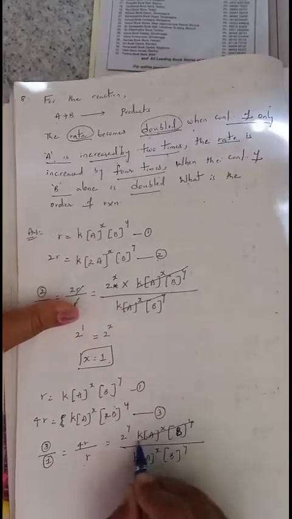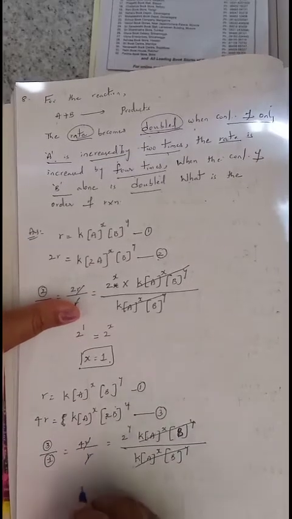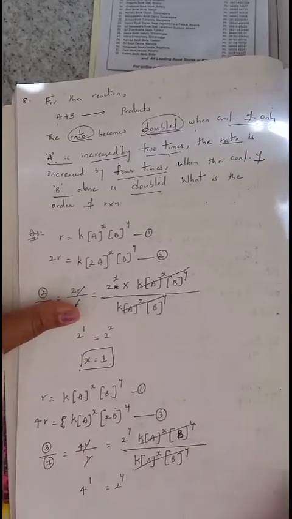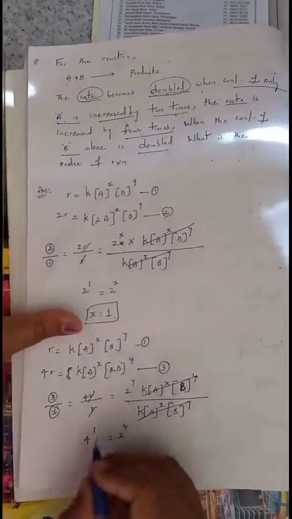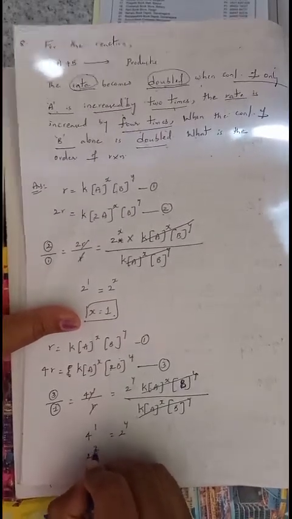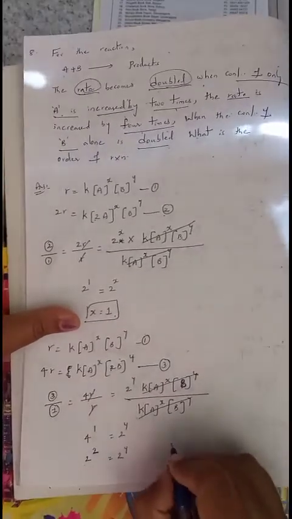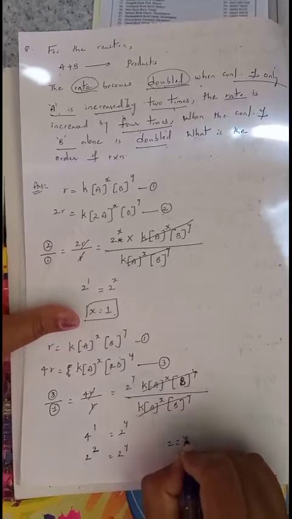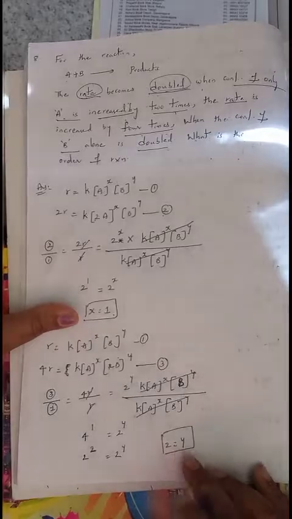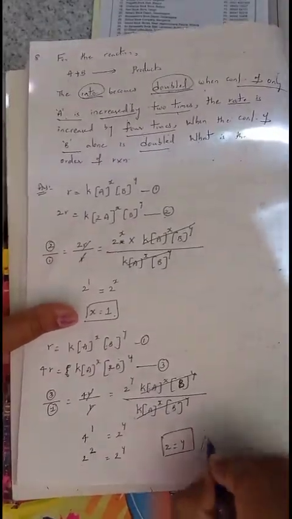K, this and this will get cancelled. R gets cancelled. 4 to the power of 1 equals 2 to the power of y. We can also write 4 as 2 square. 2 square equals 2 to the power of y. When these two bases are common, you can write 2 equals y, or y equals 2. The y value is 2. y is nothing but the number of moles of B, that is 2. So that is our answer.